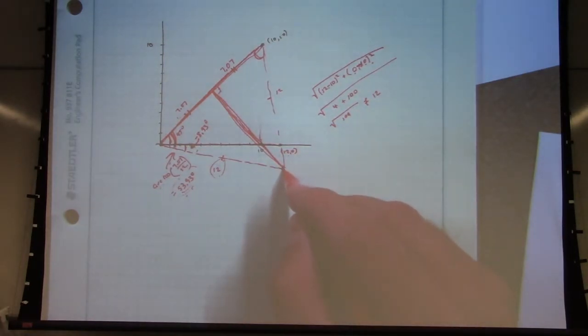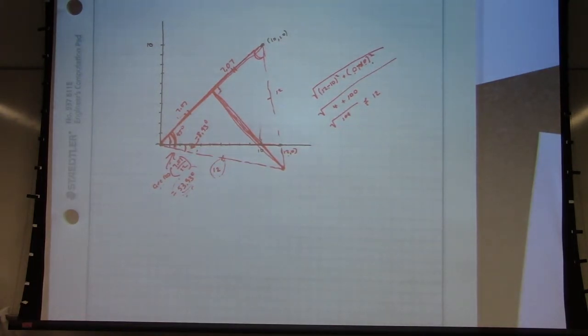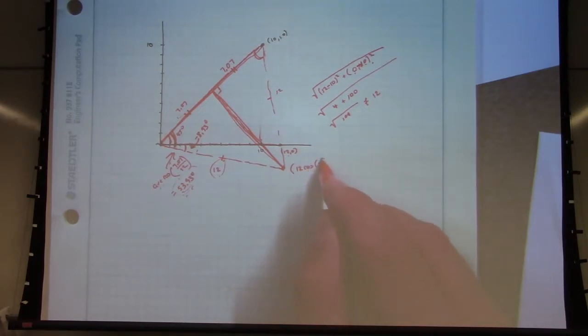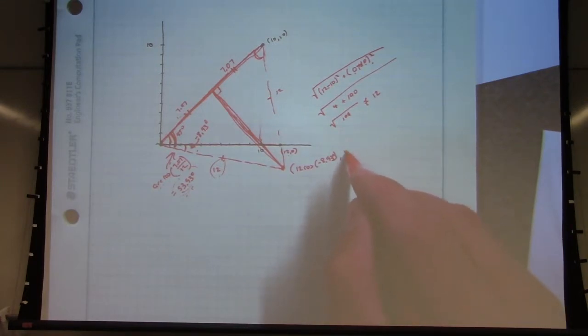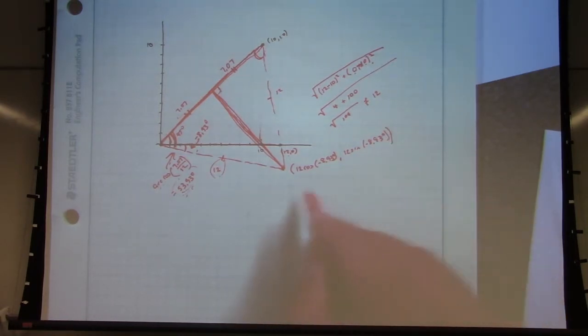That means that we can now determine that position. That position then would be 12 cosine of negative 8.93 degrees and 12 sine of negative 8.93 degrees. So what is 12 cosine of negative 8.93? It's going to be 11 something.